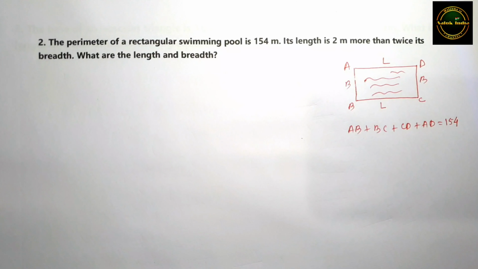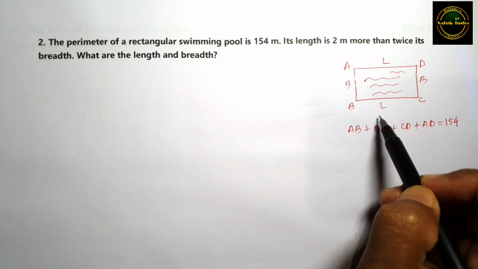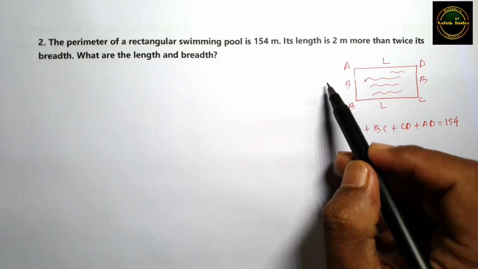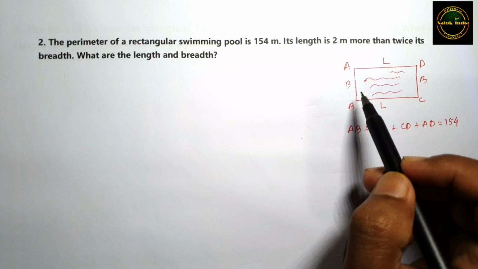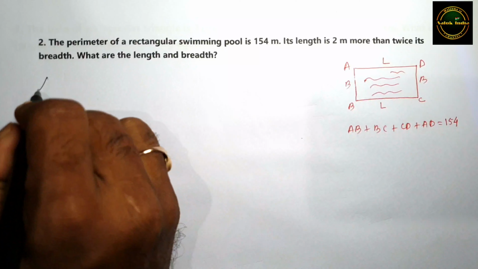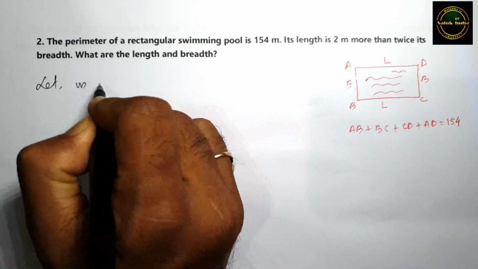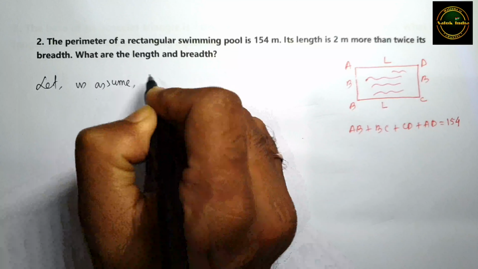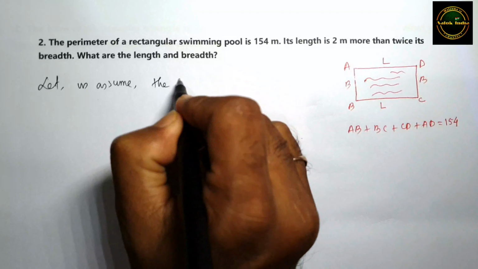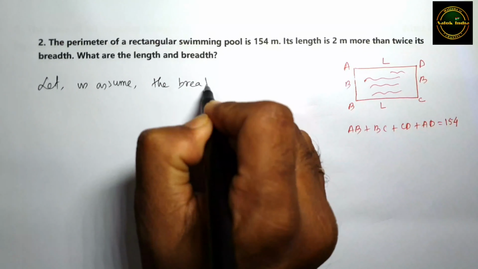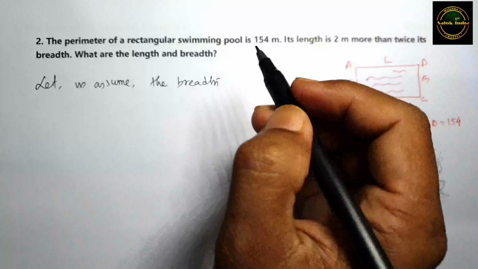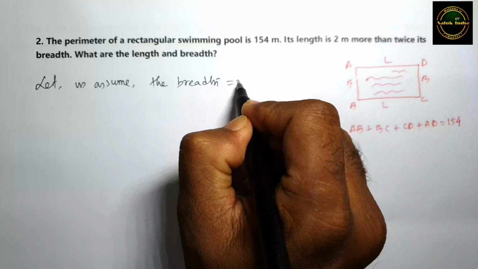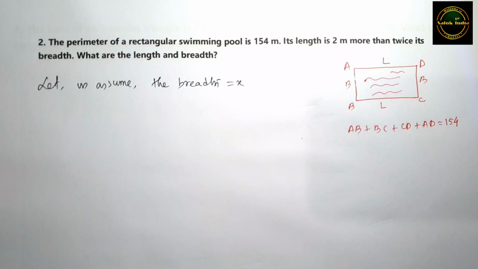We need to find out the length as well as the breadth. Here we only know the perimeter, but neither length nor breadth, so we need to find it out. So let us assume the breadth of the rectangular swimming pool is equal to x. Why have we assumed breadth is equal to x?